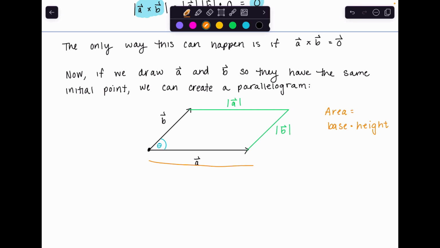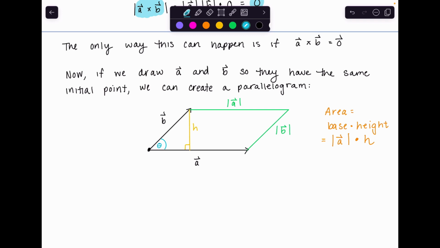The base in this case is exactly A, the length of that vector. The problem is I have to find the height. So I need the distance between these two points, and that should be a nice right angle. We'll call this H. So the area is the length of the vector A times H. What I need to do though is write this in terms of the things I know, which are A, B, and the angle between them.